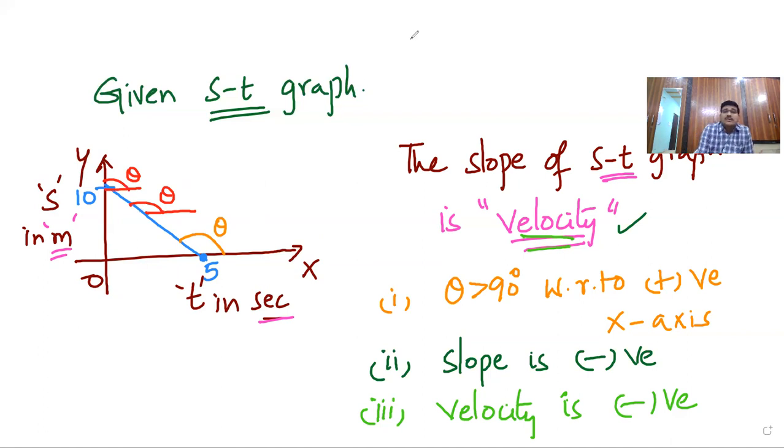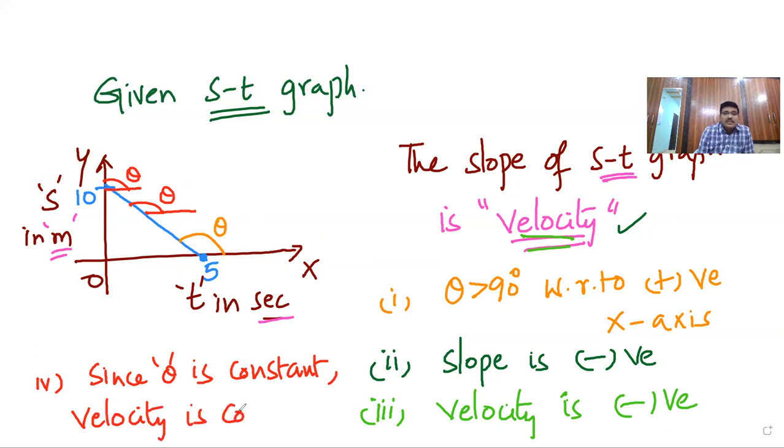So the fourth conclusion: since theta is constant, velocity is constant.